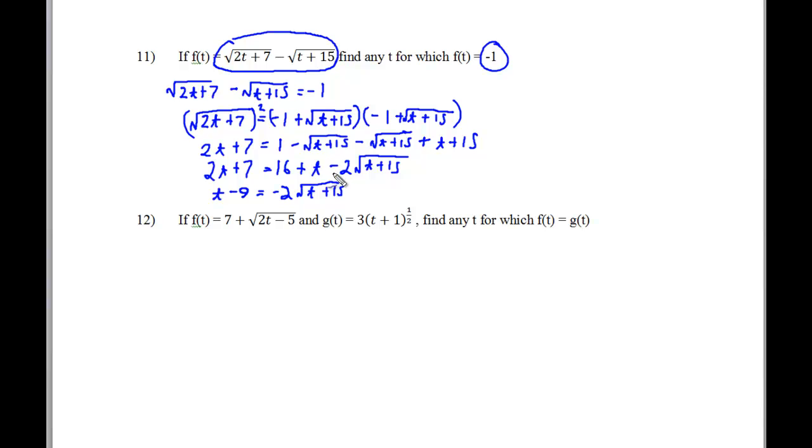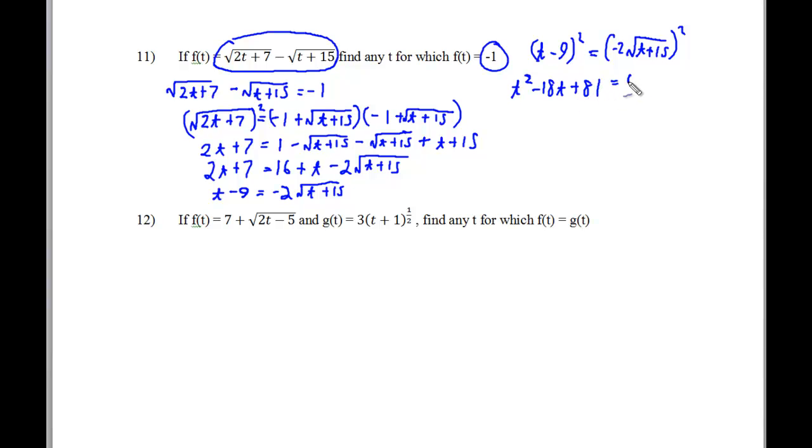So now what we have to do is square both sides. Now if I square both sides, that's going to make my t minus 9 quantity squared. And if I square this side, this is going to be negative 2, and then t plus 15 quantity squared. The t minus 9 squared is going to be t squared, and I'm going to do this in my head, minus 18t plus 81.